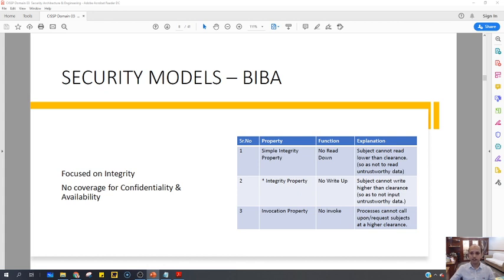A subject cannot write higher than its clearance level. And the third one is the invocation property. Any process cannot call upon or request a subject at a higher clearance. It means any process cannot call or request access to any subject with a higher clearance level. That's what the third property, the invocation property of the Biba model, is. So these are the two security models, and again these are information flow models.